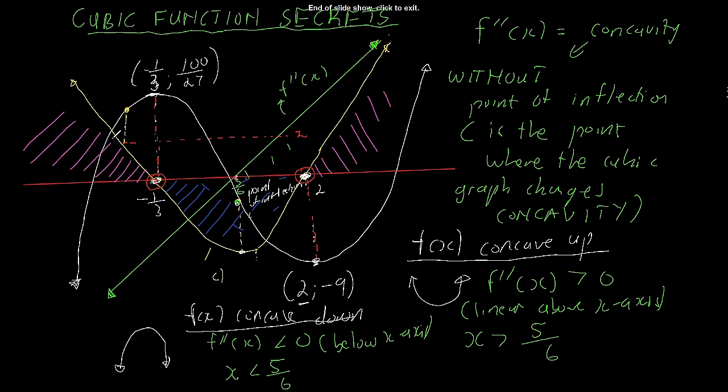But then again, if you don't want to look at it based on the straight line, you can also look at it based again on the f prime x. This can also tell you about the behavior. So for all the points when your f prime x is decreasing, this is concave down, right? But then the moment it starts increasing, what happens? Now it becomes concave up, right? So these are the relationships that you need to observe when it comes to your cubic function, your parabola function, and your straight line function.